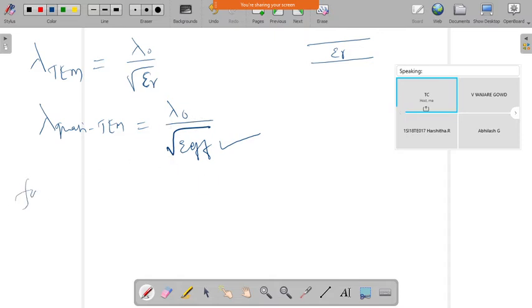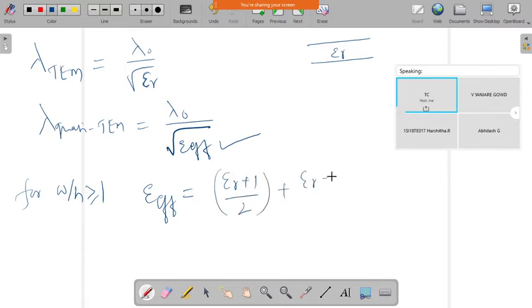So for W by H, if it is far greater than 1, where W means width of the conductor and H is height of the dielectric, if this ratio is greater than 1, we have to use this equation for the effective dielectric constant: epsilon r plus 1 divided by 2, plus epsilon r minus 1 divided by 2, into 1 plus 12 h by w, whole power minus half.